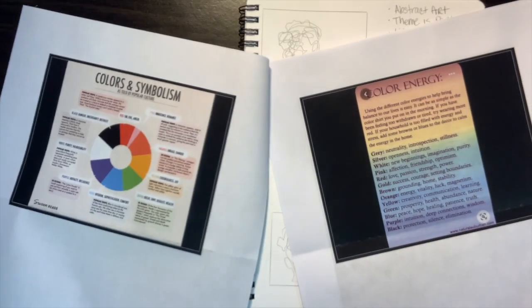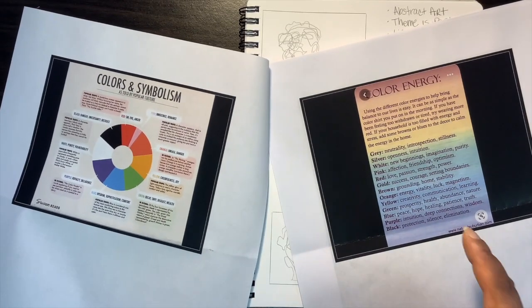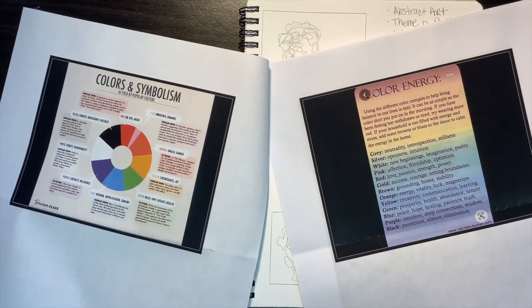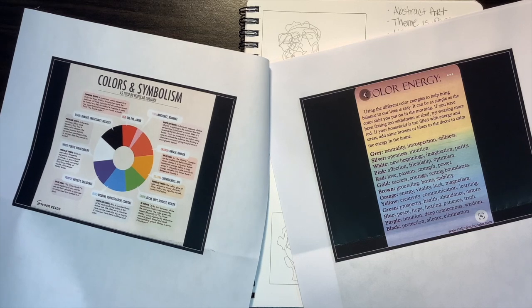I did not go over this in my lecture in class. These images I believe you can find on Pinterest, but I wanted to talk to my students about color and the emotions that viewers get from colors, as well as the energy that comes across with color.